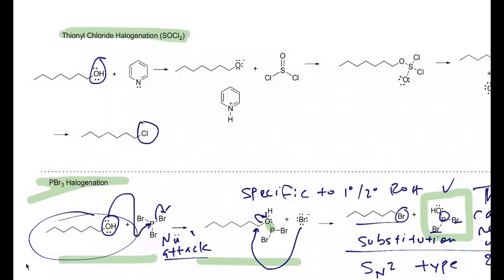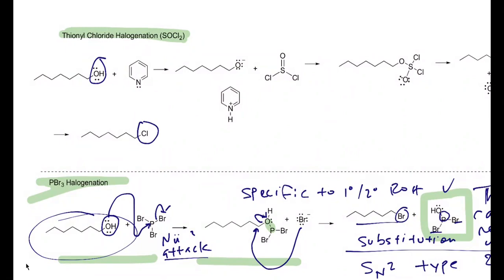Right, it's going to swap out the alcohol with a chlorine, but the OH is such a bad leaving group that anytime you want to swap it out, you have to make it a better leaving group. And the way you do that is by adding in some functional group to help it to leave, or turning it into water or whatever.